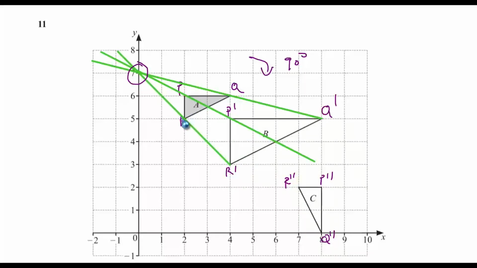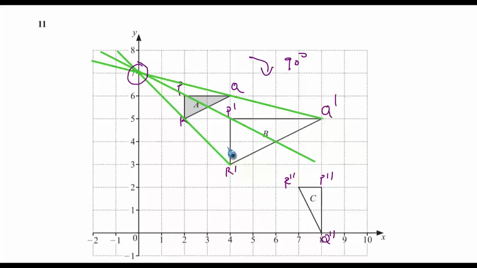To get the center of rotation, I'm going to join two corresponding points together, that is R and R prime prime, and bisect it. I'll also take another corresponding point, let's say P and P prime prime. I will also bisect it. So where the two perpendicular bisector lines meet will be the center of rotation.